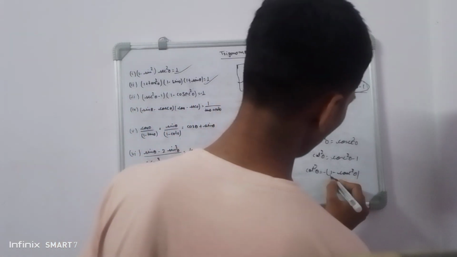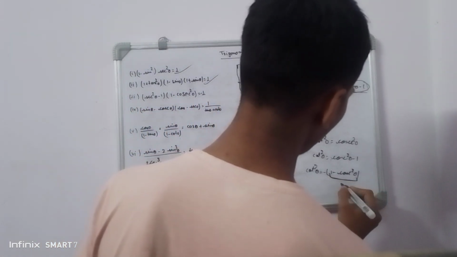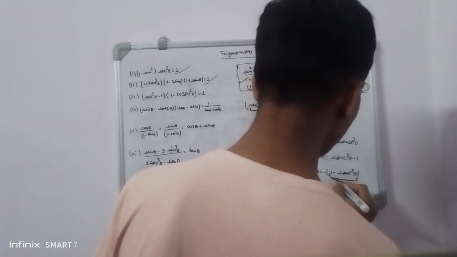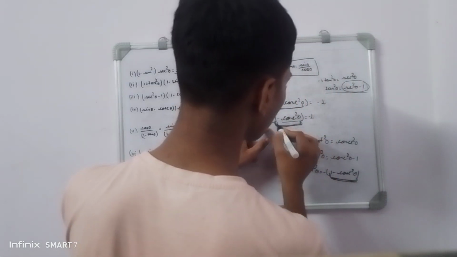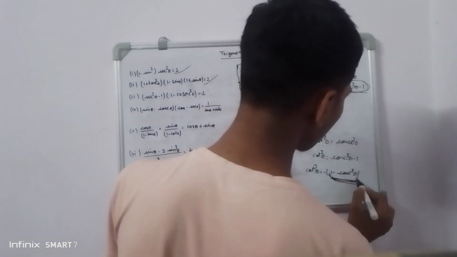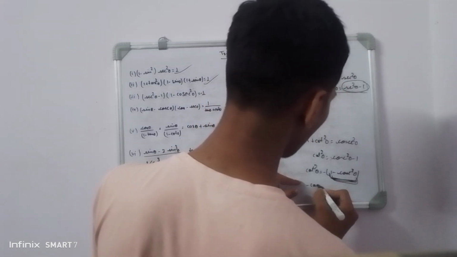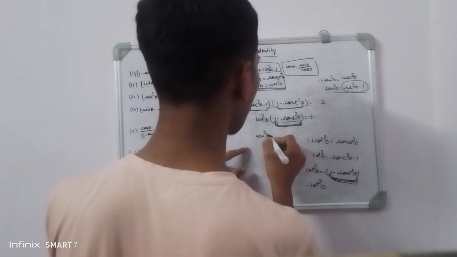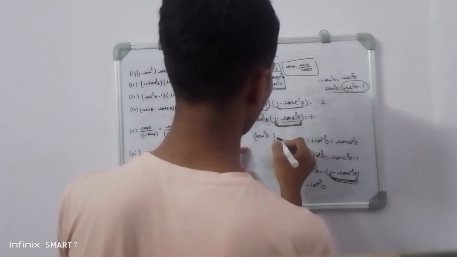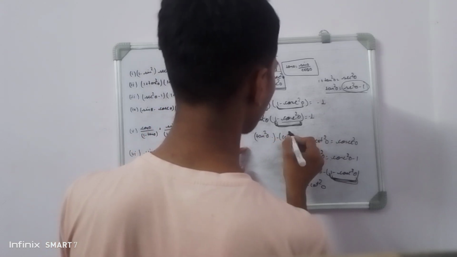So at this place it becomes 1 minus cosec square of theta, and at this place we have to write minus cot square of theta. So as we get here the tan square of theta and here we get the minus cot square of theta.